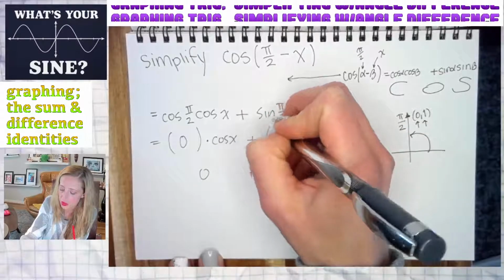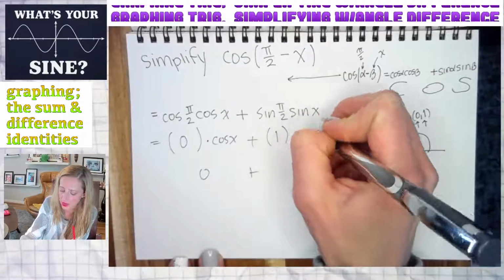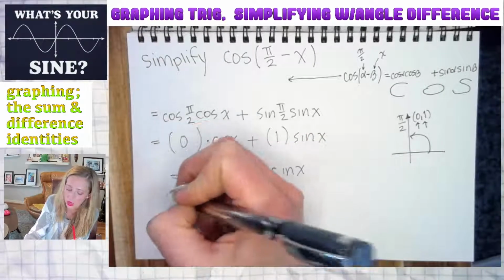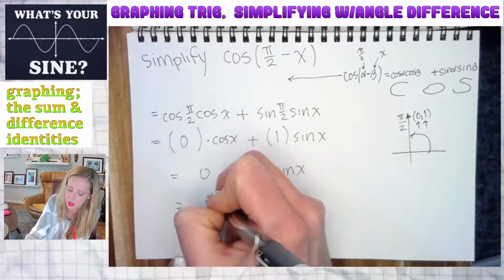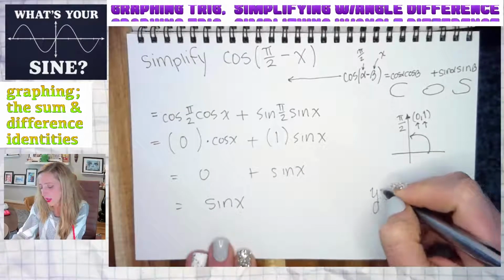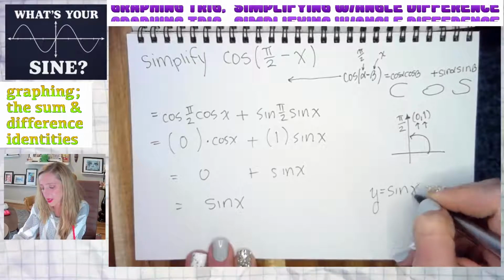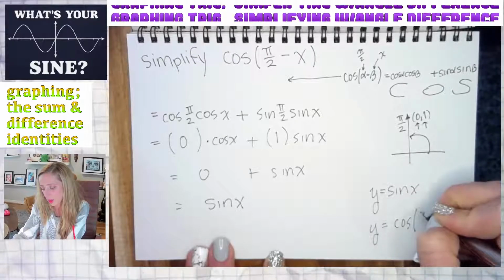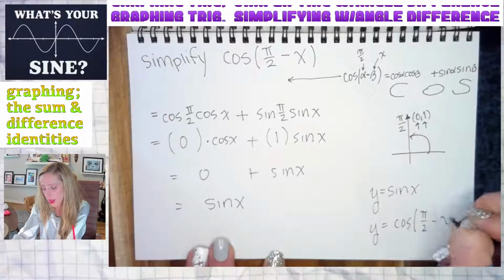Sine of pi over 2 is 1 times sine x, and 1 times sine x is sine x. So I don't need to write 0 plus. It's just sine x. So y equals sine x, and y equals the cosine of pi over 2 minus x.